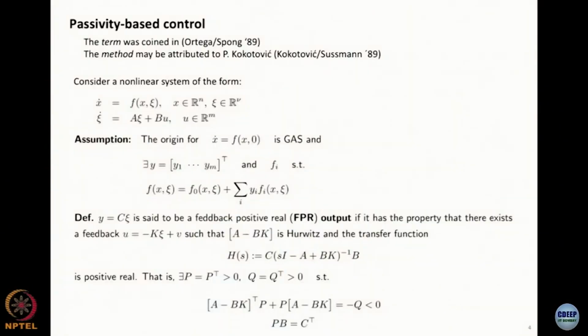But there are some structural conditions to be able to do that. And sometimes for a certain output, you cannot feedback linearize the system completely, but only partially. And you end up with a system that has a linear part and a nonlinear part. So these guys came to this system from working with feedback linearization.